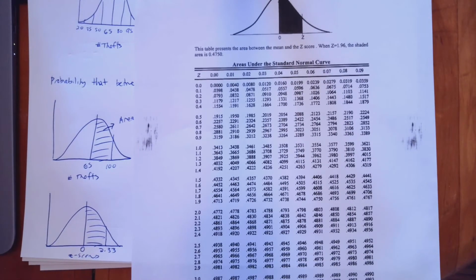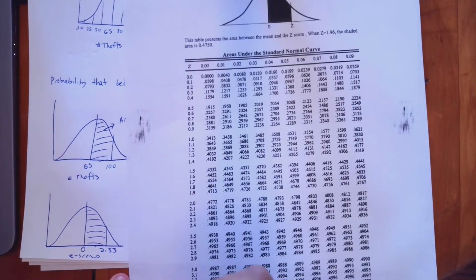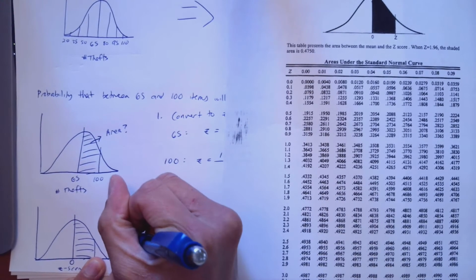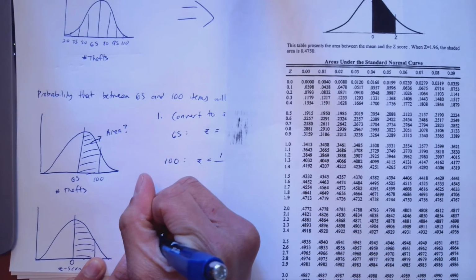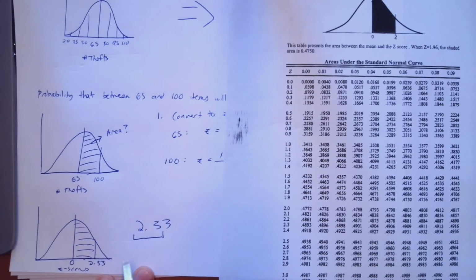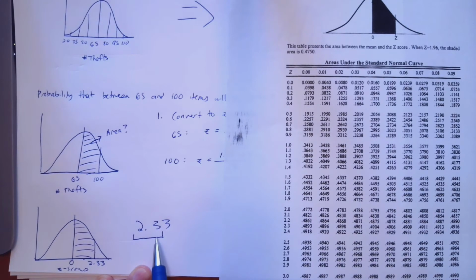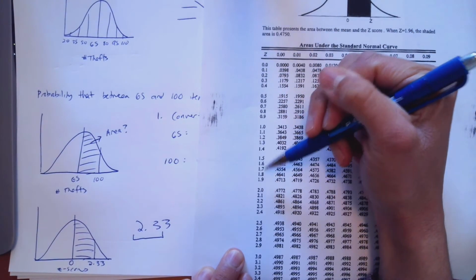In our example, the z-score that we're interested in is 2.33. And here's how you read this table. You take the first value in your z-score and the second value, so your 2 here and your first 3 here, and you find them in the column going down.